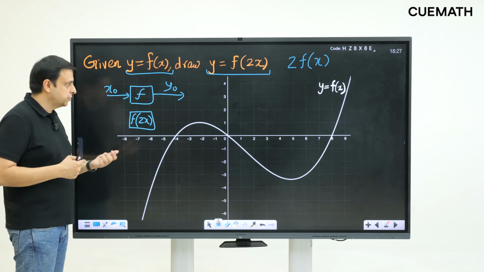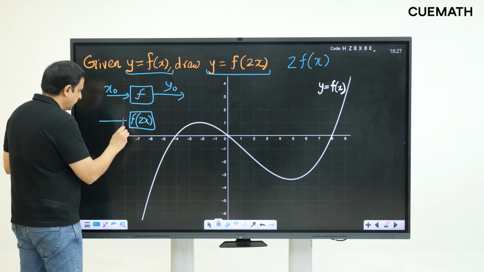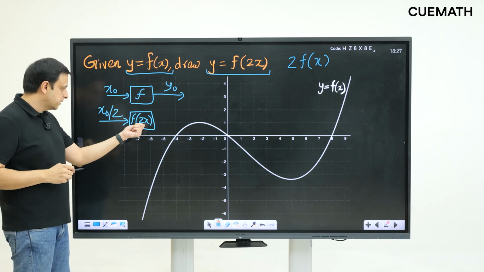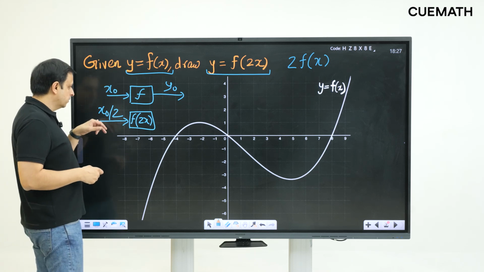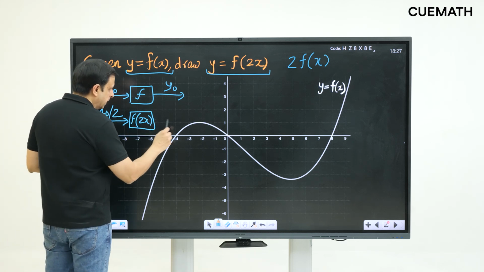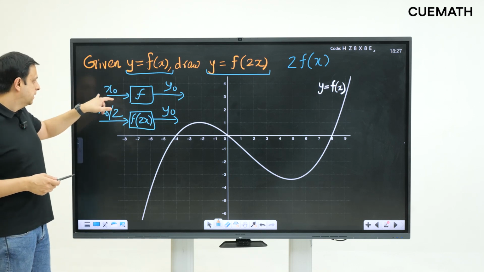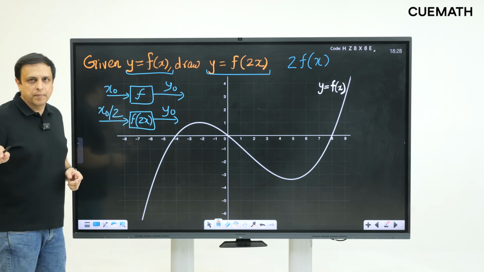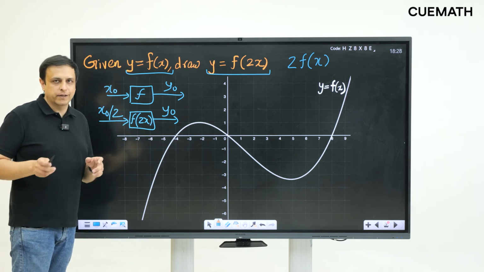The input simply needs to be x naught by 2 because the input is first being doubled and then the function is being applied on top. So x naught by 2 goes into this machine, and therefore we will get y naught, and this tells us that the original input output pair x naught comma y naught is transforming to the new input output pair x naught by 2 comma y naught.